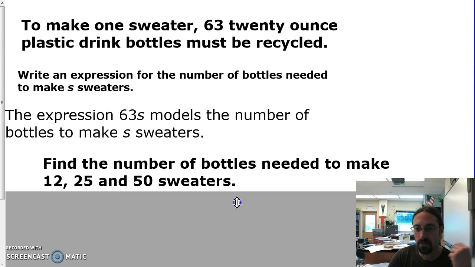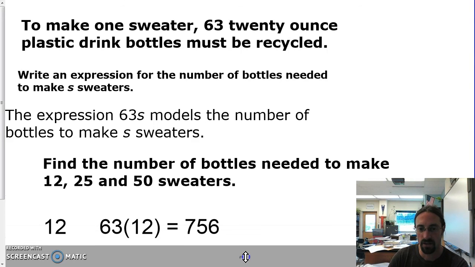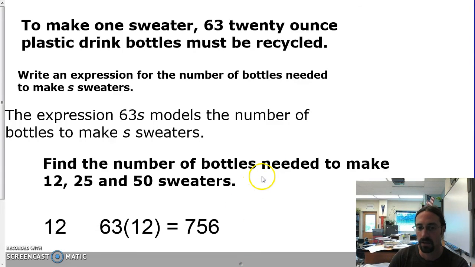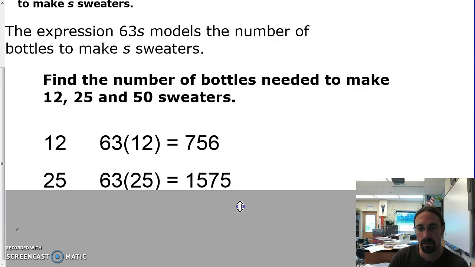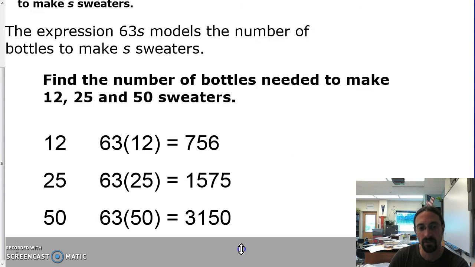So find the number of bottles needed to make 12, 25, and 50 sweaters. When they say find the number of bottles, they mean evaluate the expression. And of course, when you go ahead and do that, 12 times 63 is 756, 25, and 50.